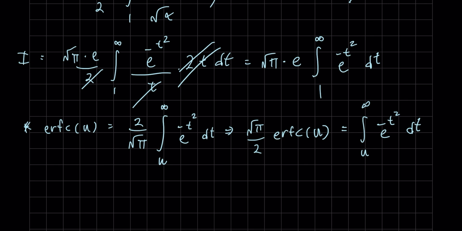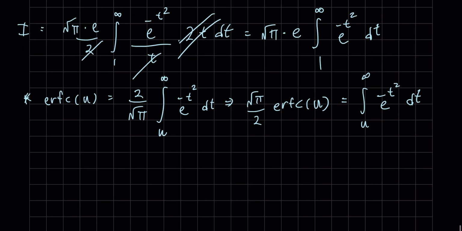So plugging in u equals 1, we'll have the square root of pi over 2 times the complementary error function at 1 is the integral from 1 to infinity e to the negative t squared dt. That's exactly the integral we're looking for here.